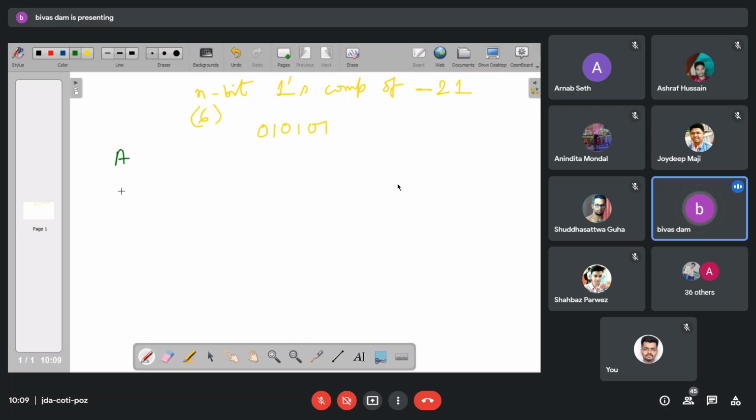Let I have several combinations of A and B, and I am going for 6 bit. Six bit one's complement number system I am going for.